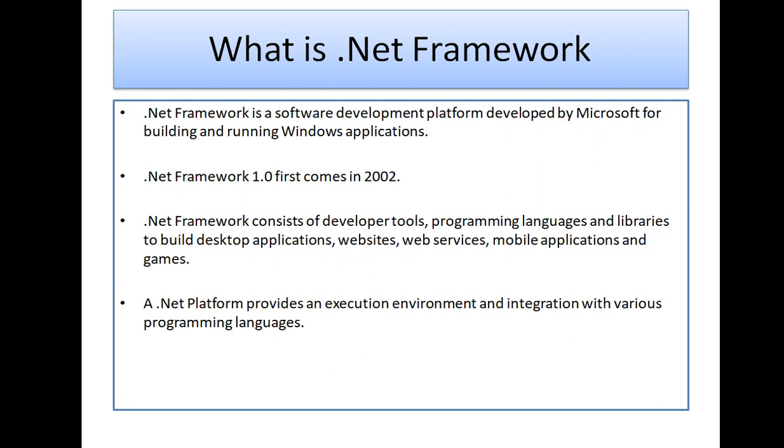And the fourth point is that the .NET framework provides an execution environment and integrates with various programming languages. The execution environment means the environment where you can run your application.